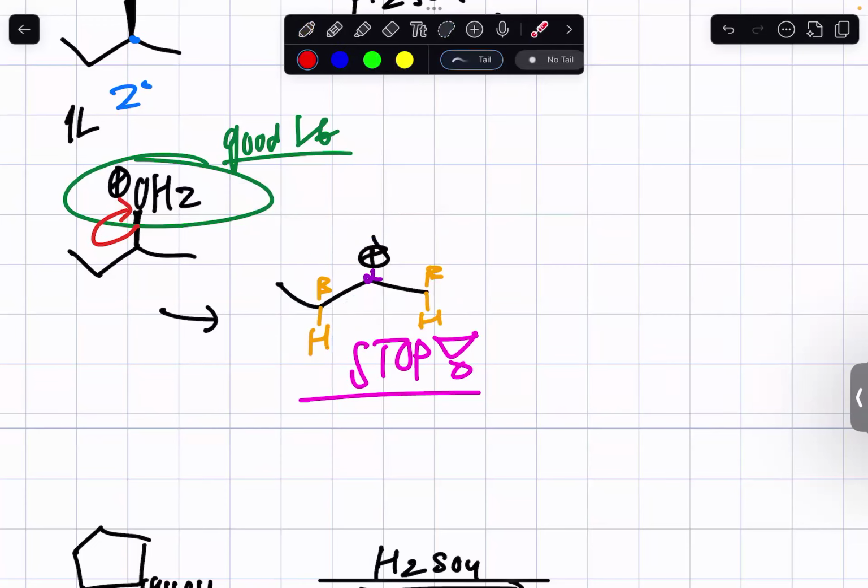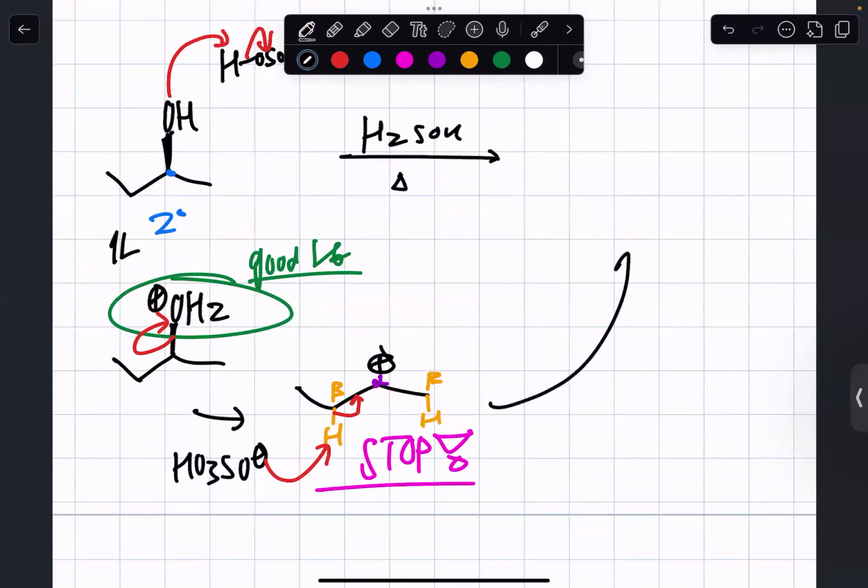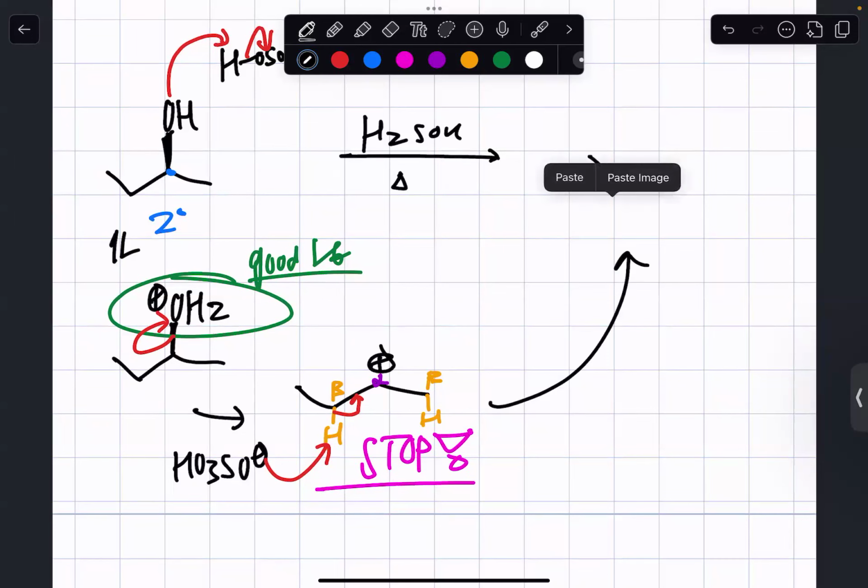This one here is going to be more substituted, so that's the one we're interested in to create the more stable alkene. So the conjugate base HSO4 minus is going to grab that more substituted beta proton and create this double bond right here between the alpha and beta carbon, giving us this alkene right here, like that. Okay.